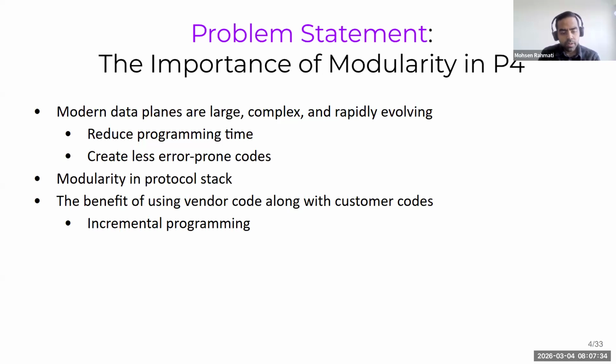Also, modularity exists in the protocol stack. For example, IP version 4 uses the Ethernet protocol, and UDP and TCP use IP version 4. So if we have modularity, we can handle these situations in the protocol stack better and in an easier way.